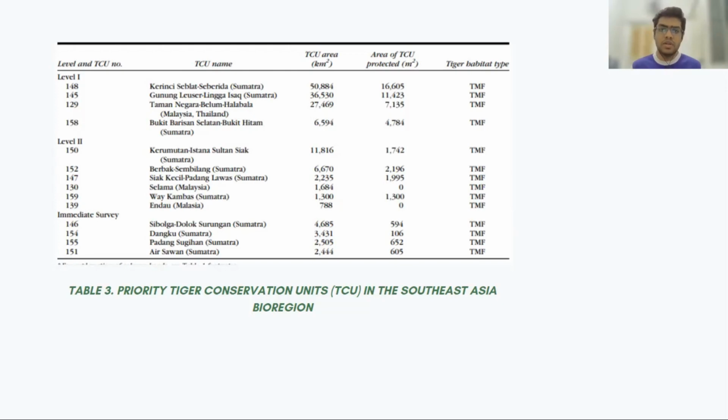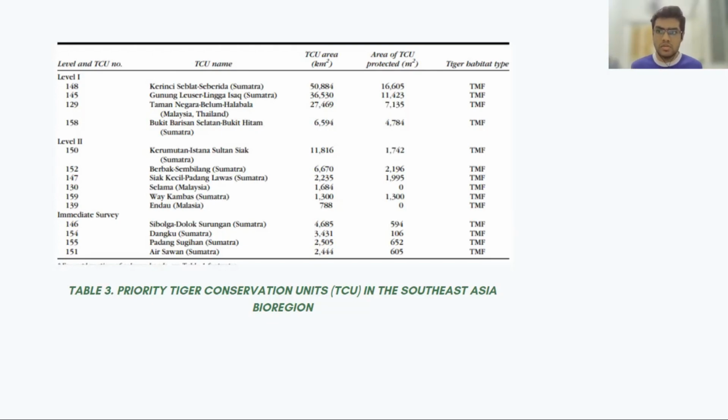And not only that, because the places do not have TCU protection, many tigers are at risk of being hunted down, and of not being monitored by conservation efforts to keep them from going extinct.